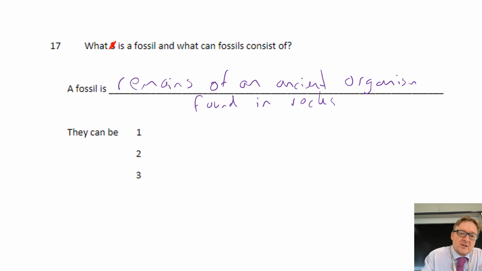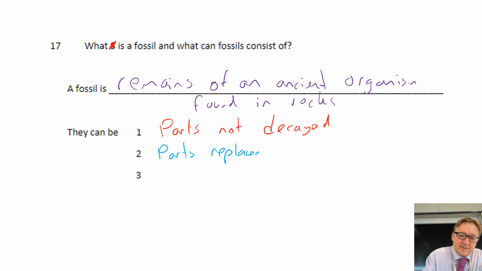Okay, so they can be parts not decayed, they could be parts replaced by minerals, and they could be preserved traces.